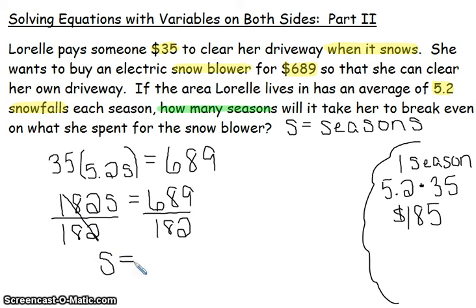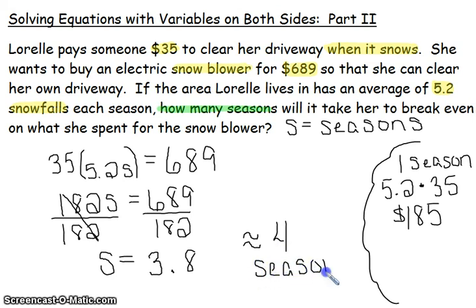So 689 divided by 182 is going to give us, I'm going to round, we get 3.78, but if I round that, it would be 3.8. So we're talking about approximately, it's my little squiggly sign there, approximately 4 seasons.